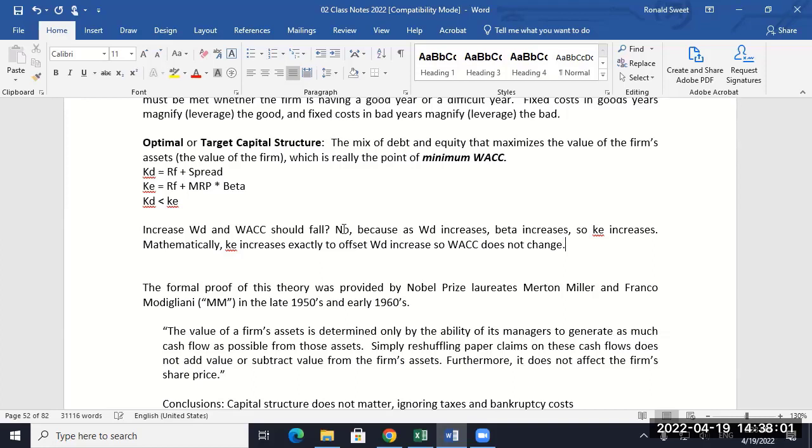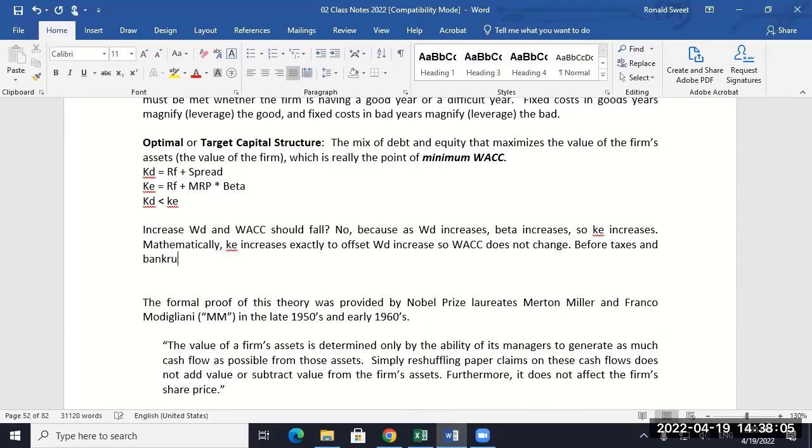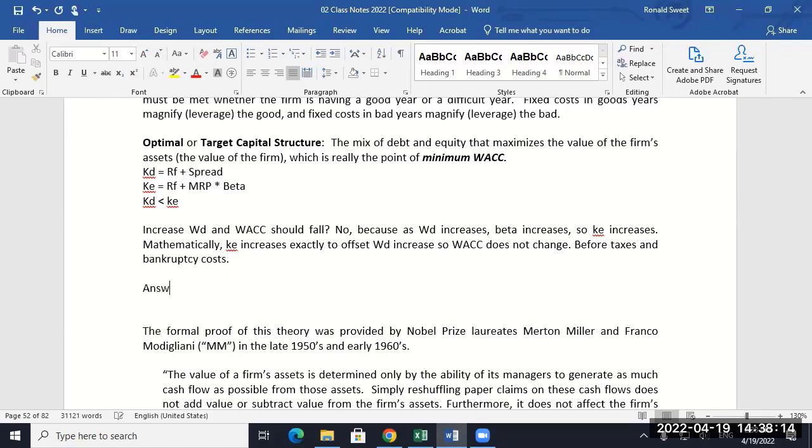This is all before taxes and bankruptcies. So before taxes and bankruptcy, the answer is capital structure does not matter. You cannot increase the value of the firm by shifting between debt and equity. It doesn't matter. Why?